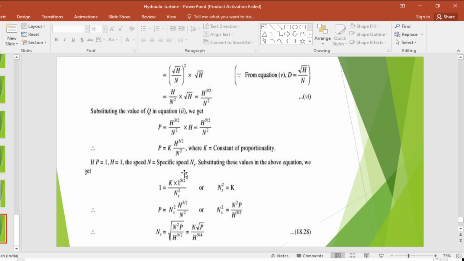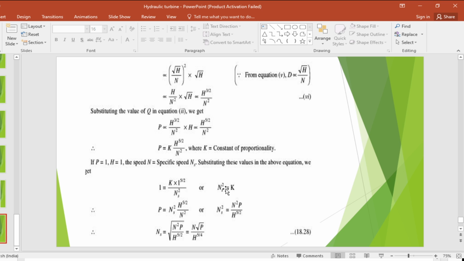Substitute here: P is 1, K is as it is, H raised to 5 by 2 equals 1 raised to 5 by 2, and N will be Ns. Do the mathematical calculations, and you will get Ns square equals K.